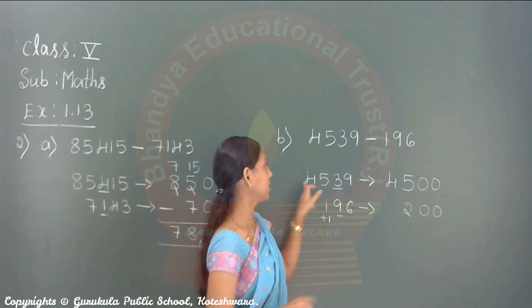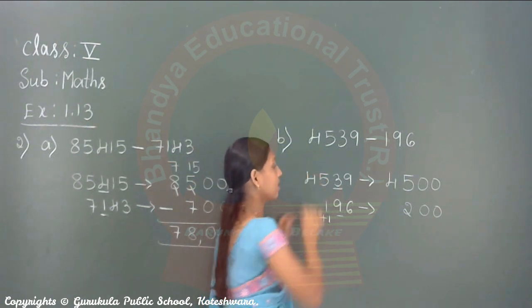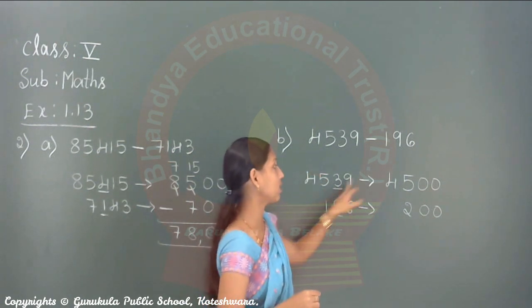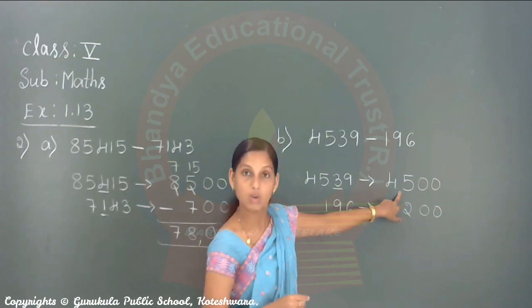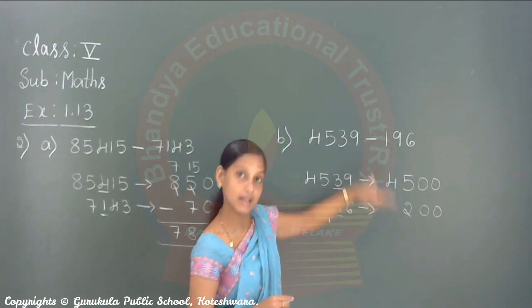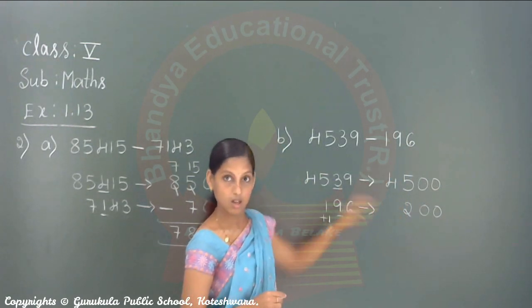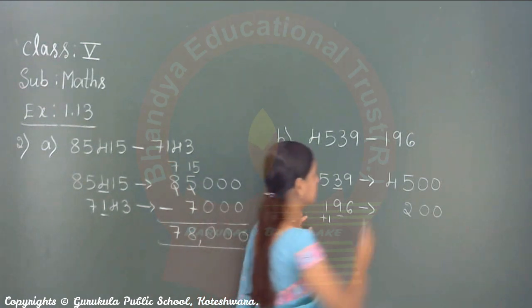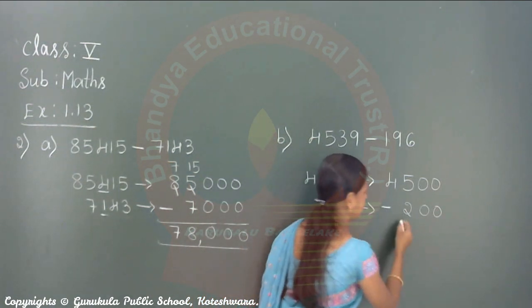When you have estimated 4539, it is rounded down to 4500. It has become less. Okay? Next is subtraction.